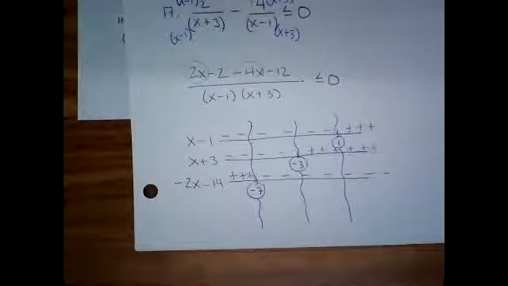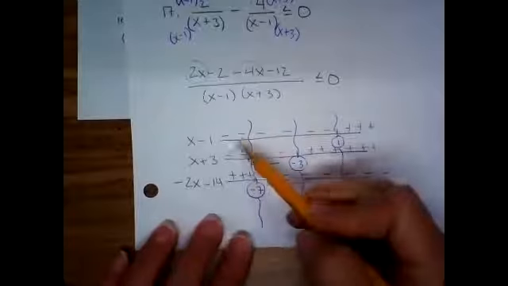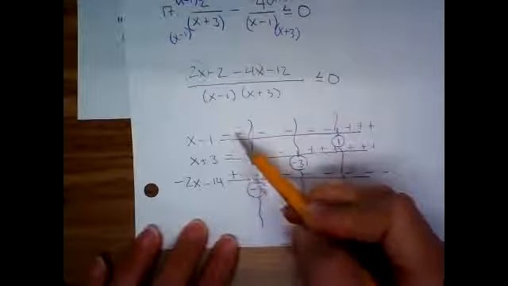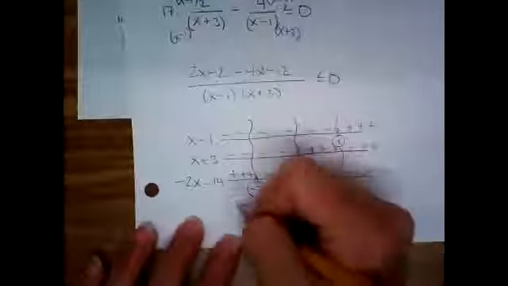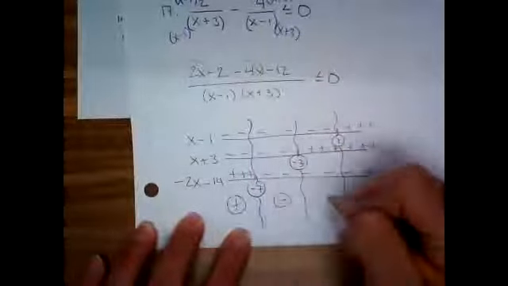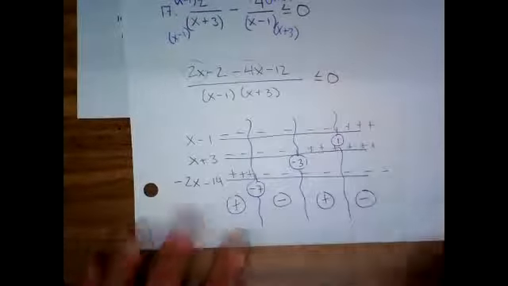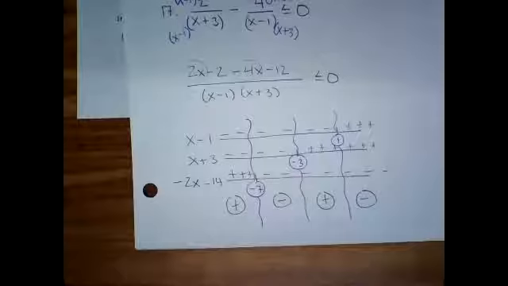All right, and it's going to alternate. What's the overall sign for the first section? Good, positive. Negatives cancel. So positive, and then this one will be negative, positive, negative, like a battery.